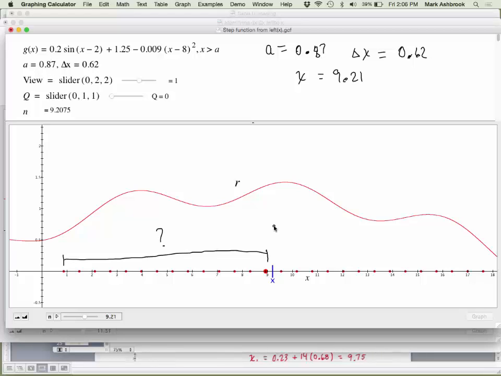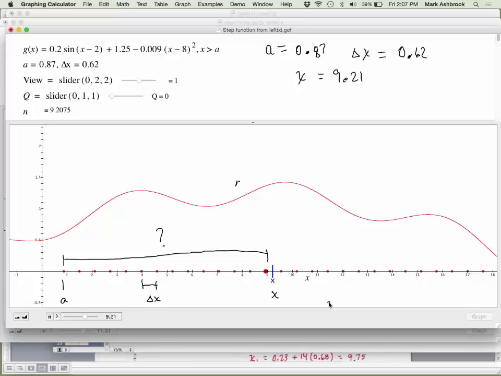You wouldn't be able to do that. We need a mathematical way to get the number of completed intervals between A and X. So here's our A, here's our X, and this is what each delta x is like. We're asking how many of these fit into that span from A to X.